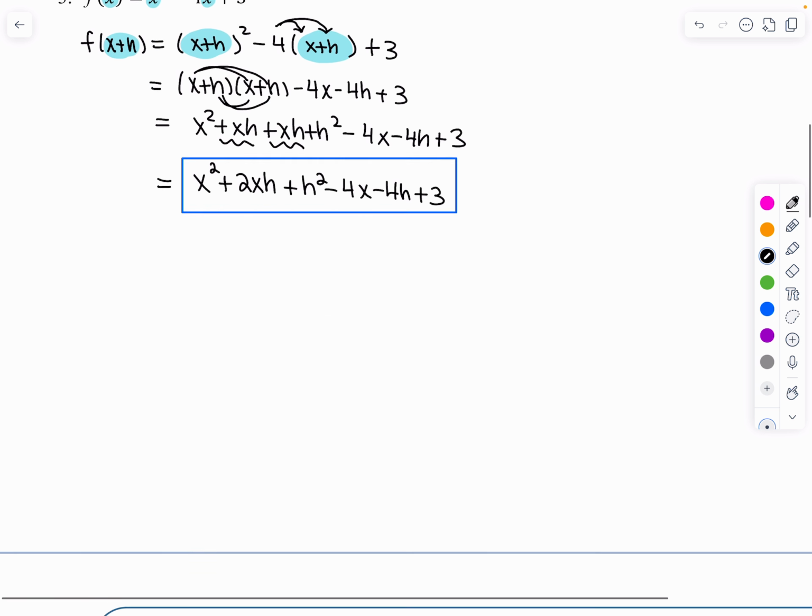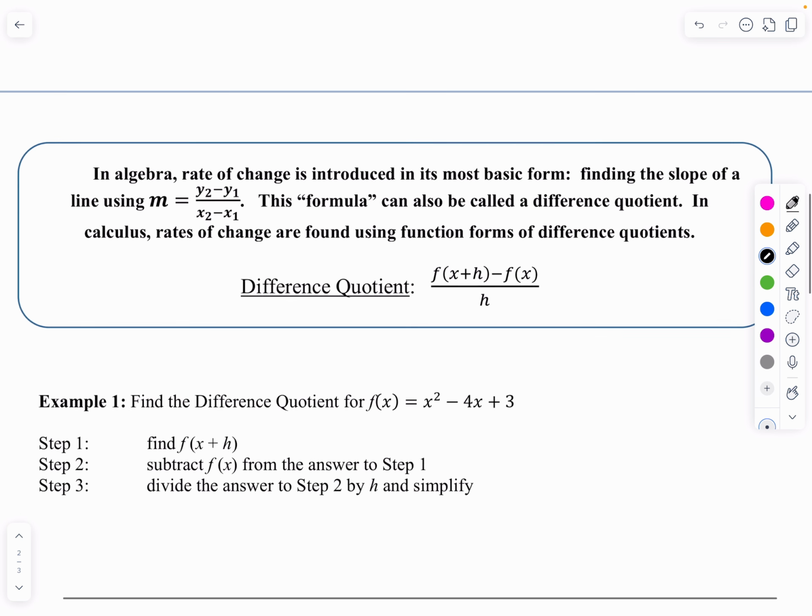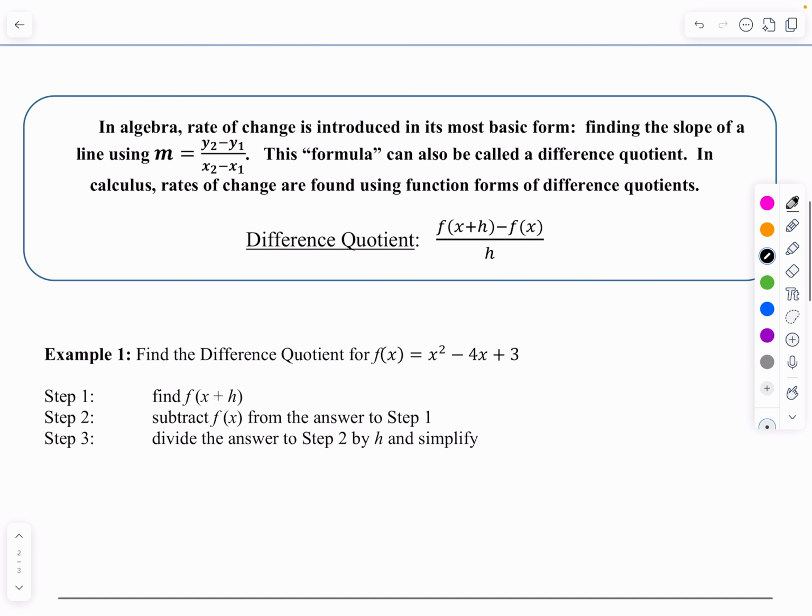So today's lesson is referring to something we've talked about a little bit this year, which is rate of change. When we talk about a rate of change, we usually say that the slope of our function over a certain interval, we end up with y2 minus y1 over x2 minus x1. Another name for this formula, the change in y over change in x, is something called the difference quotient.